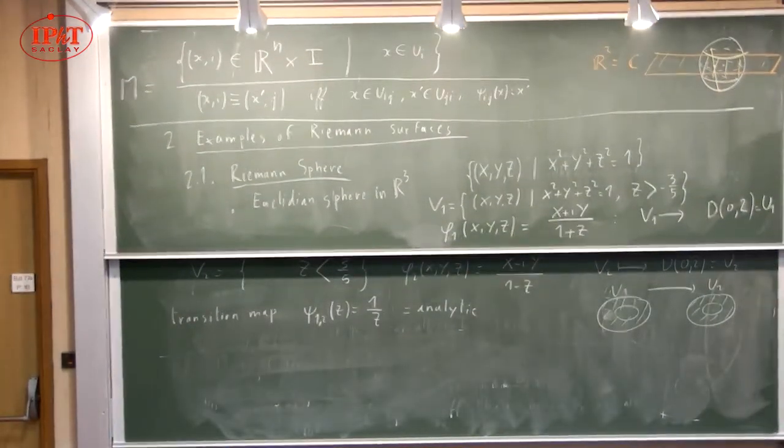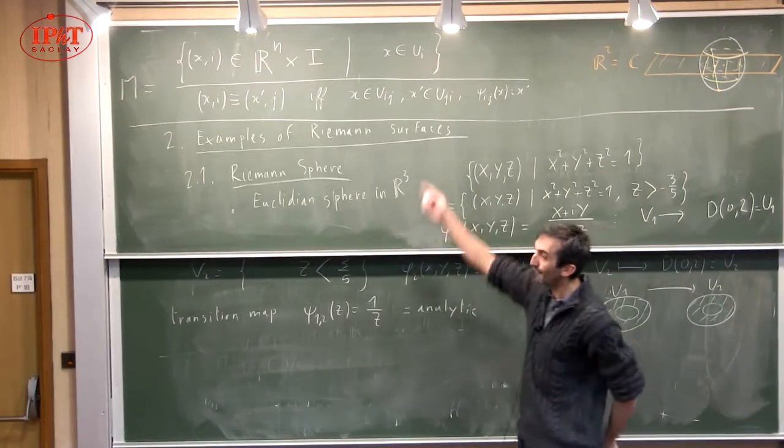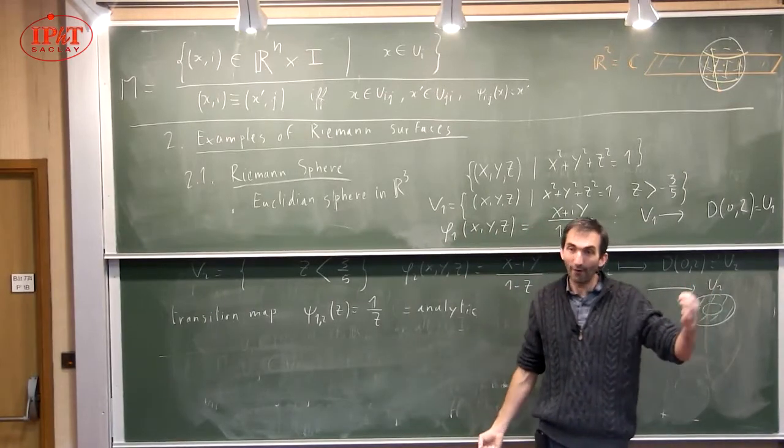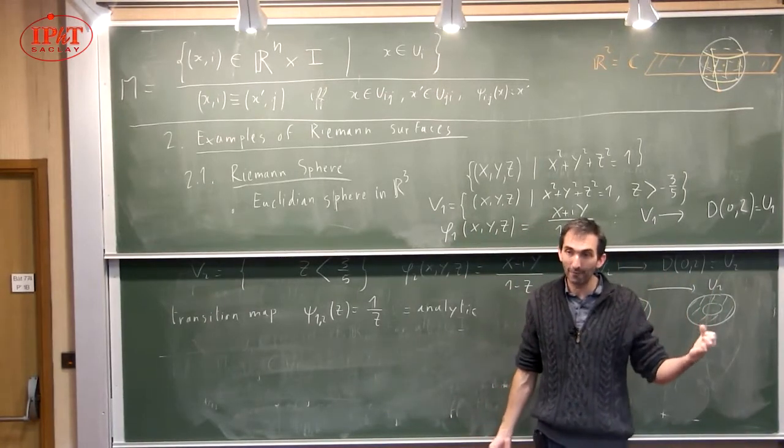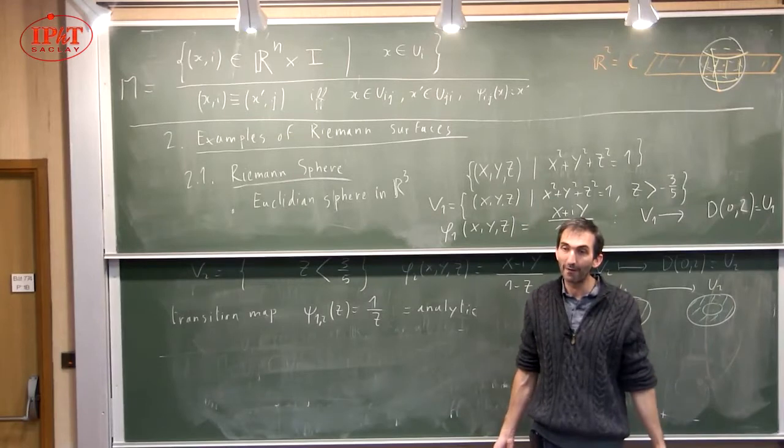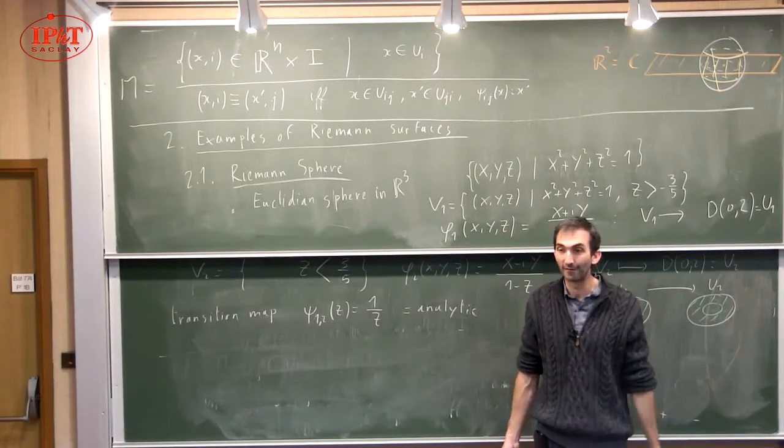Sorry. In your previous definition of the manifold, you said that the transition map should be a homeomorphism of R^n, but here it's the topology. Okay, I said that for Riemann surfaces, I consider R2, and I identify R2 with a complex plane, and I require my homeomorphisms to be analytic.